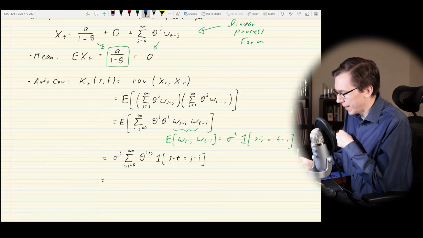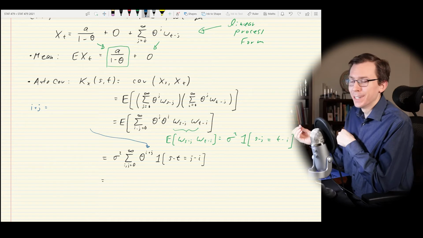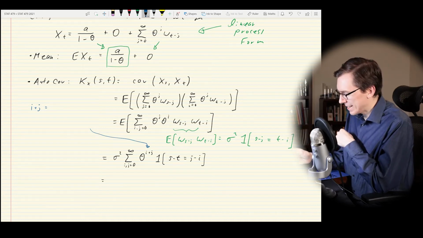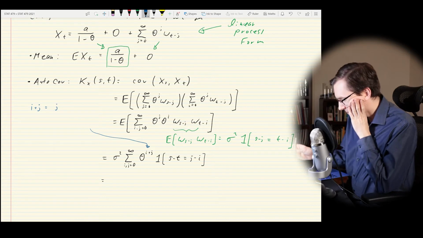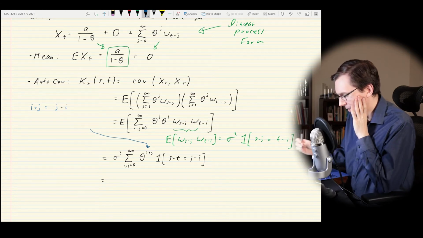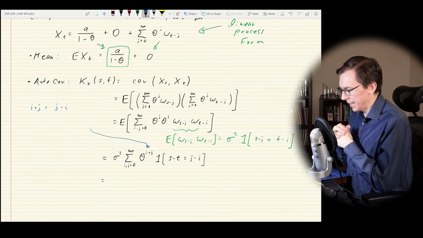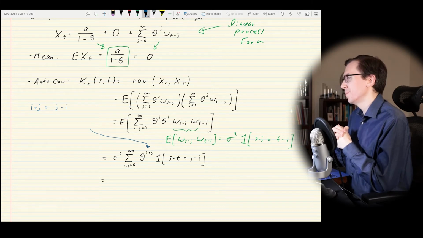So what do we have here? In this exponent, I have an i plus j. Well, what I can do is write that as j minus i, but then I also have to add on 2i.